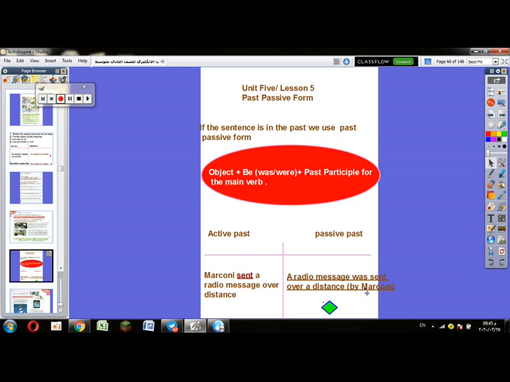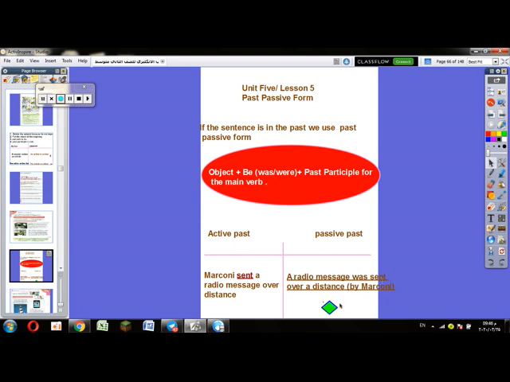It's not important. So a radio message, which is the object, we put it at the beginning of the sentence. Then we put was because it's singular. Then we change the main verb to past participle.